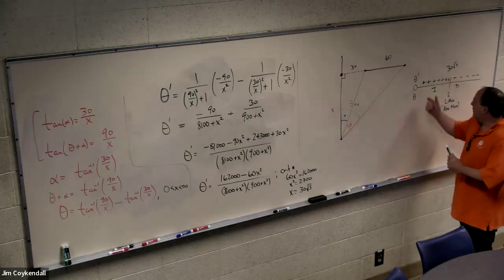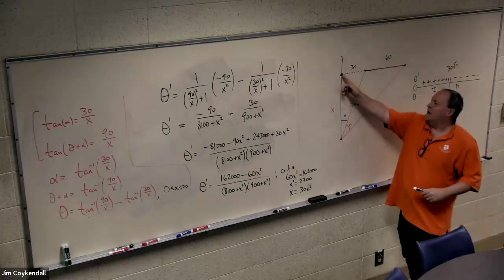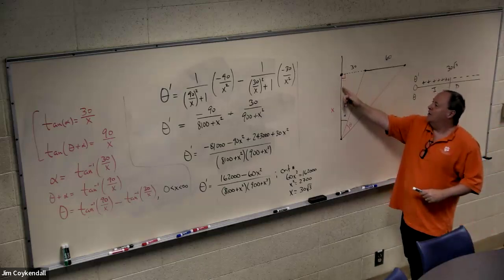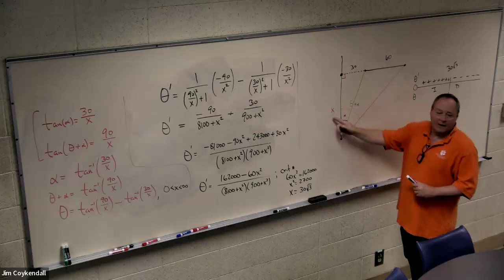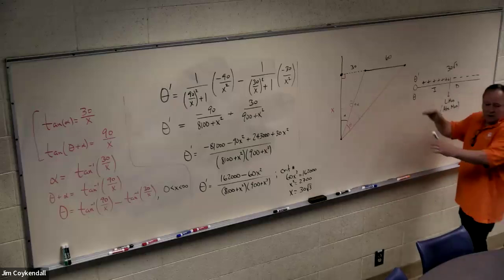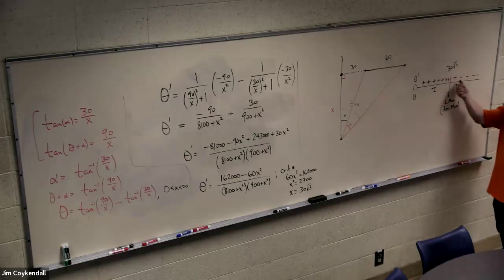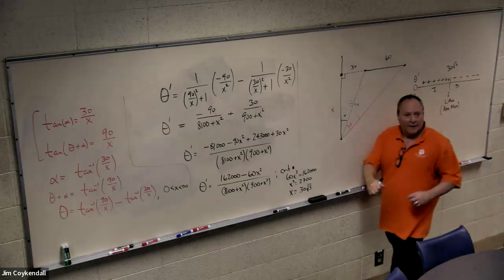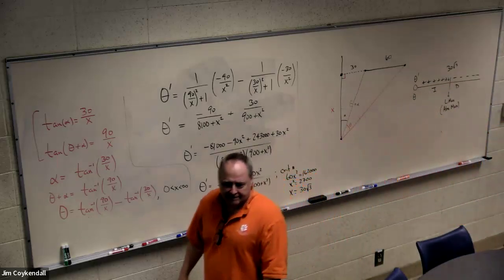You've got almost zero for an angle. Your angle increases until you get right at 30 root 3 feet, and then as you go off to Vegas, the angle decreases and decreases. Okay, any questions?